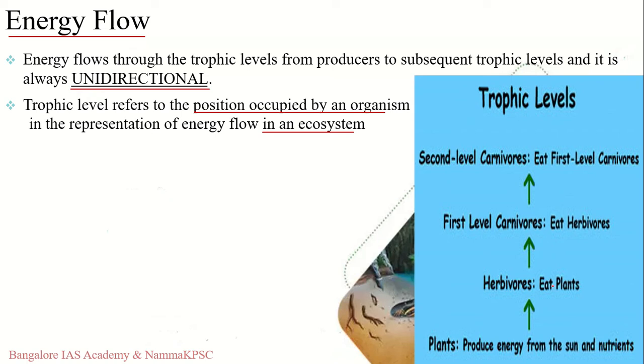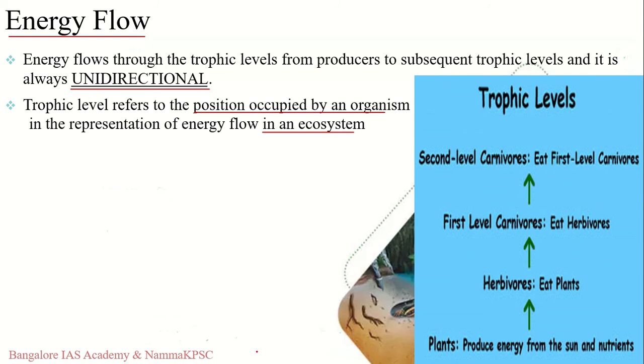At the next level you have herbivores, at the next level you have the first level carnivores, and after that you have the second level carnivores. The position occupied by these organisms at different levels represents the trophic levels within that nutritive series. In any nutritive series, the primary producers will always occupy the first or bottommost level, and starting from the plants you will always move to higher levels.